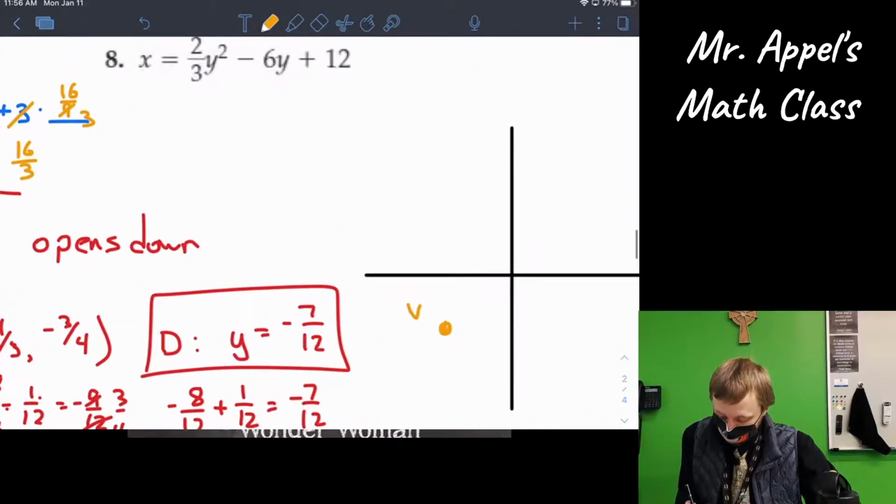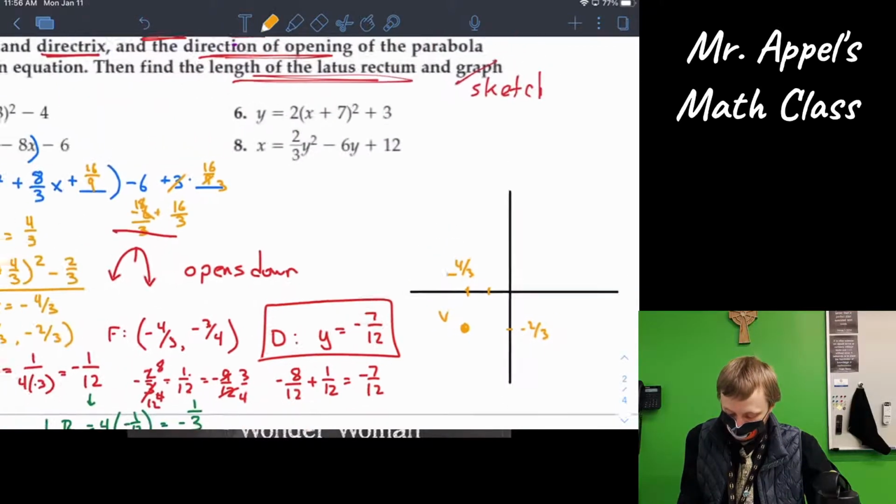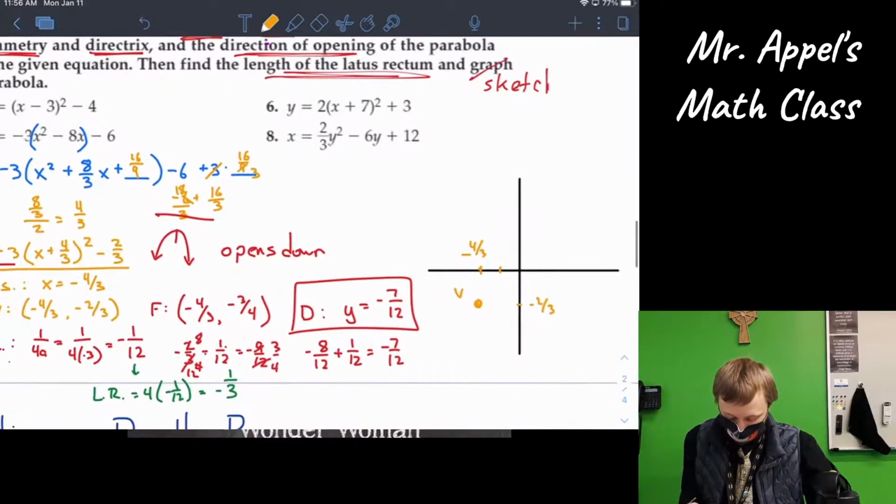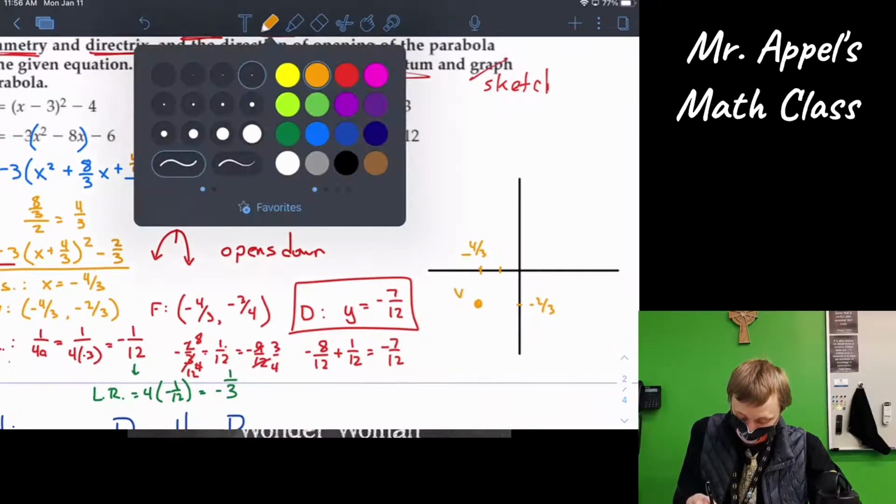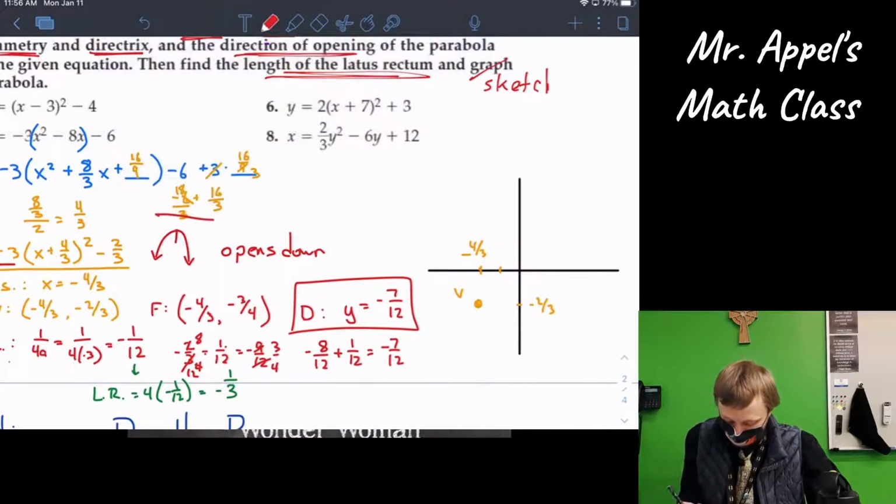We can just tick off every negative 2/3 here. We'll just scale our graphs in thirds. Okay, the focus is then at that, but even lower. So 3/4, a little bit lower there. Directrix, a little bit less so. So we've got that line going here.